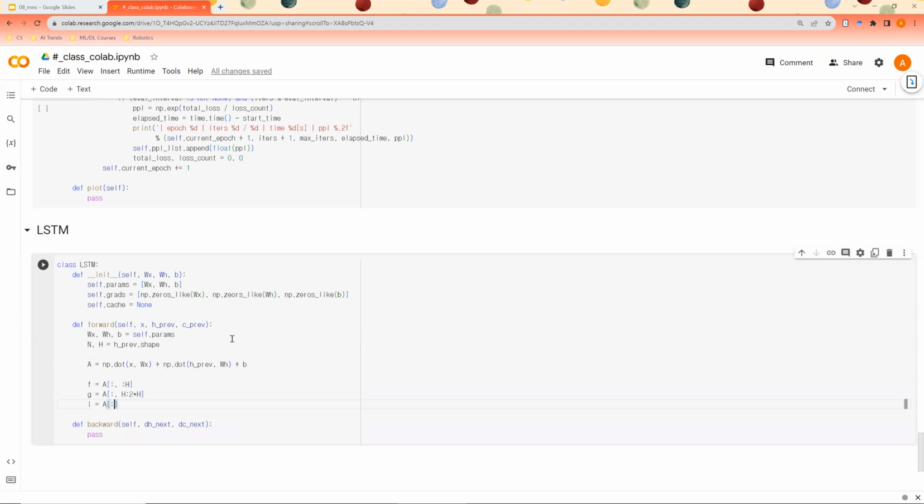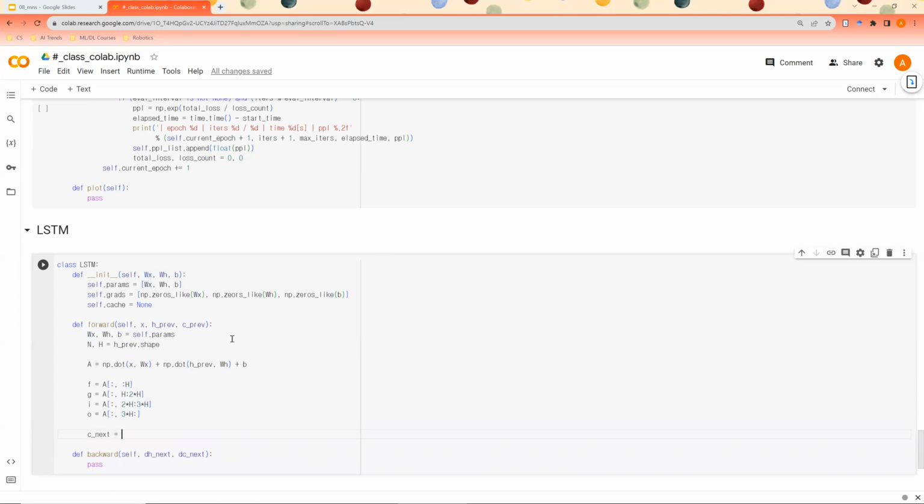The I input gate, H to 3 times H. And the last is the output gate, like this. Okay? Rather than calculating F, G, I, O separately, we concat them all and calculate them here, and then we slice them. This way, we can reduce the computation.